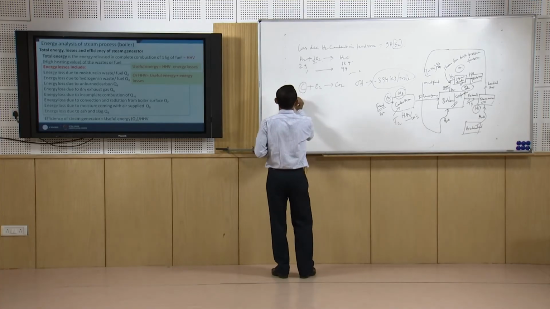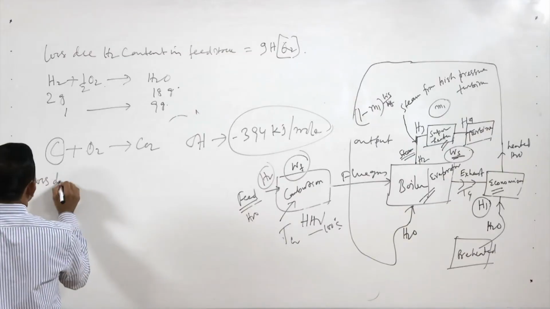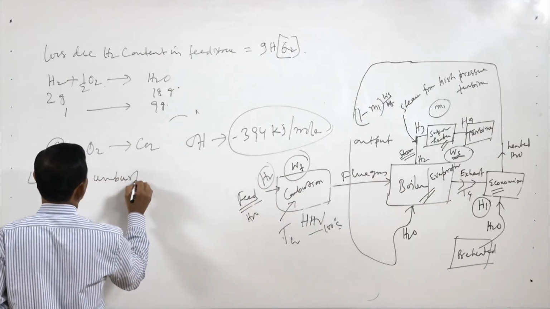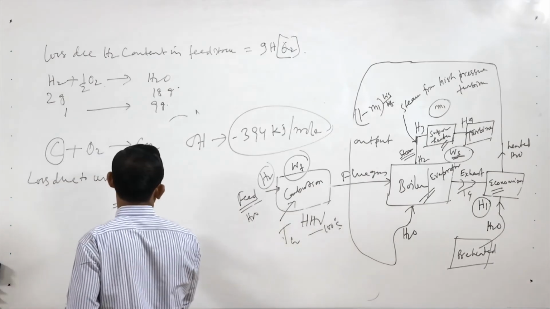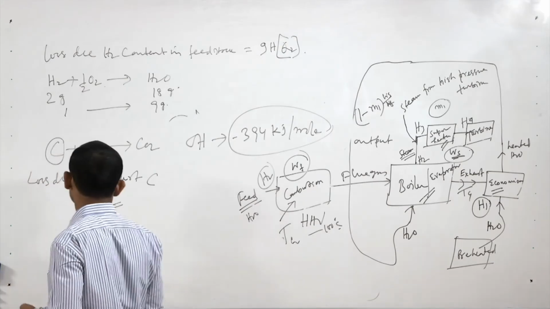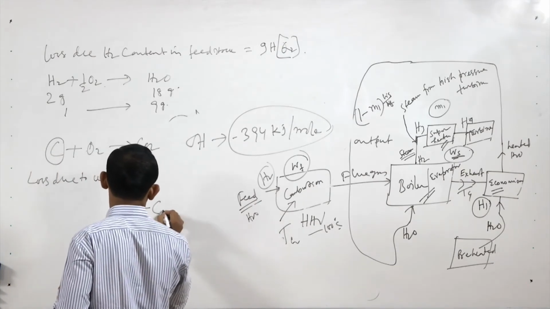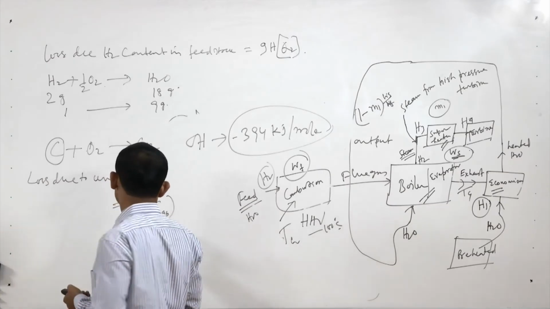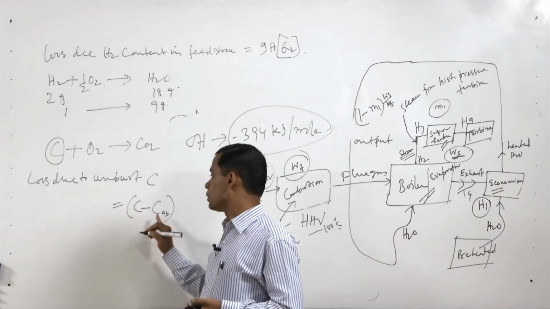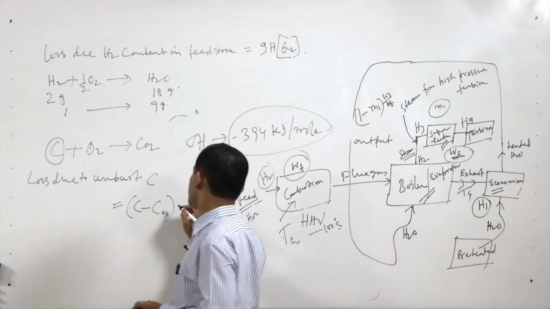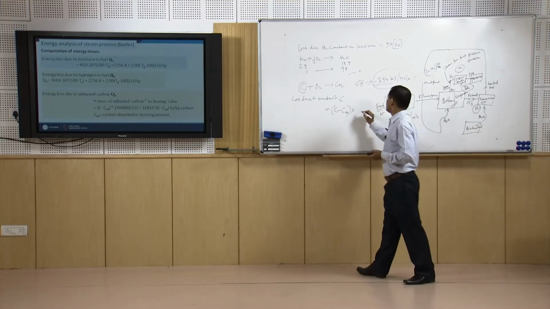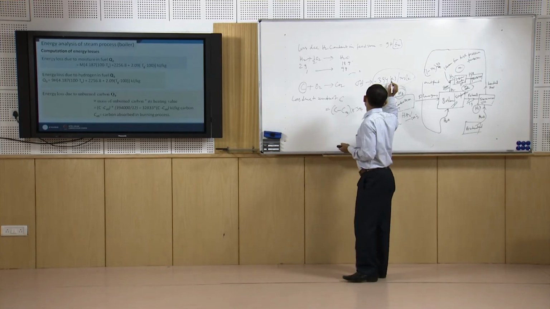That is why the heat loss due to unburned carbon we can write as how much carbon is present unburned, that is C minus C absorbed, total carbon minus C absorbed. That is the unburned carbon, into the heating value. The heating value we have seen here is 394 kilojoule per mole.